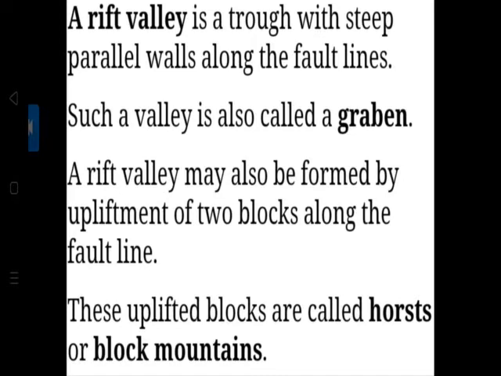These uplifted blocks means going upwards, rising above. Blocks are called horsts or block mountains. And parallel walls which are steep along the fault lines are also called rift valleys or grabens.